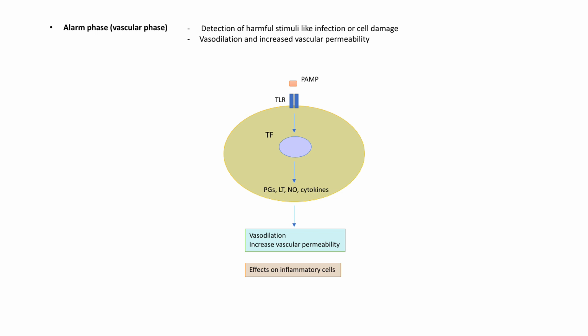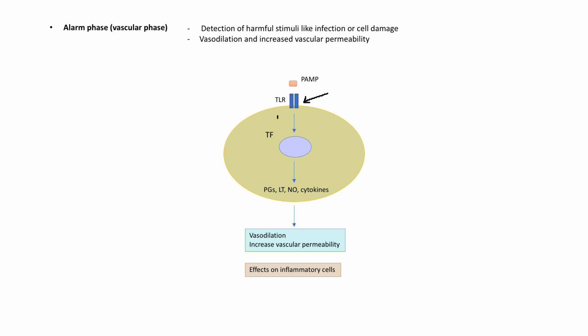Now let's discuss each phase of inflammation and see how glucocorticoids affect each phase. In the alarm phase, cell surface receptors like toll-like receptors on macrophages and dendritic cells detect pathogen molecules and other signals of cell damage.